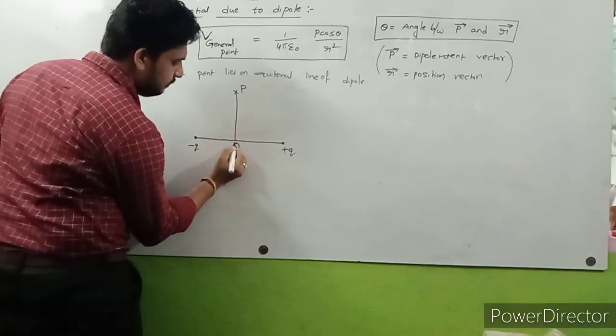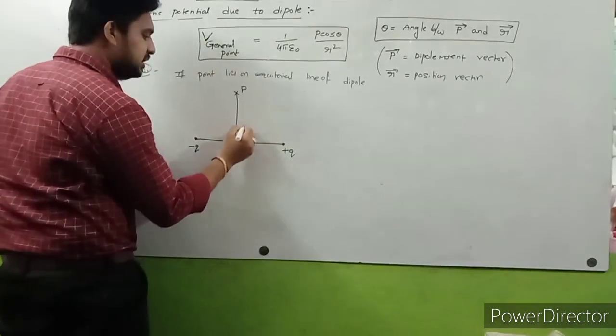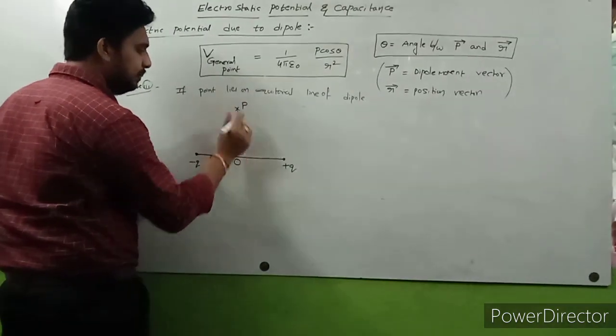So this is O. The direction of the position vector is always from O to P, in this direction.